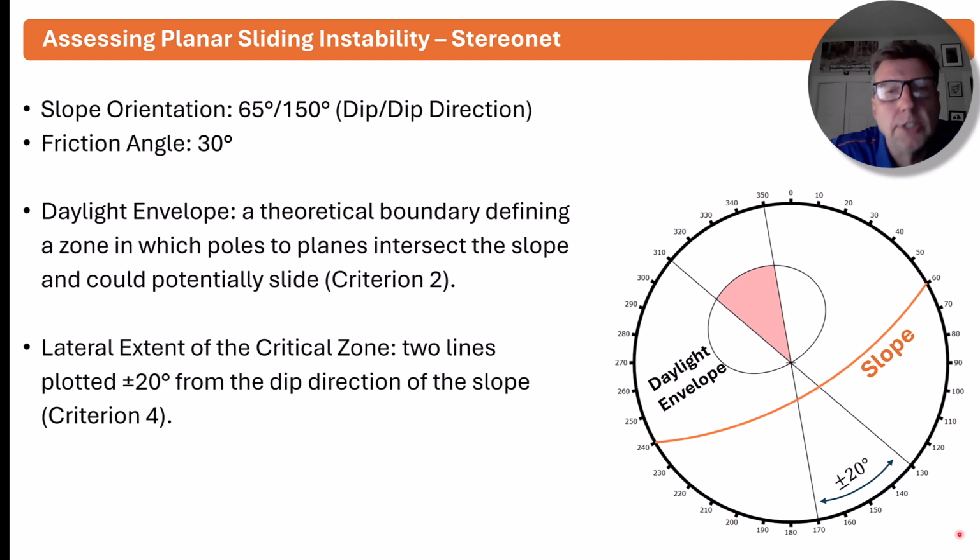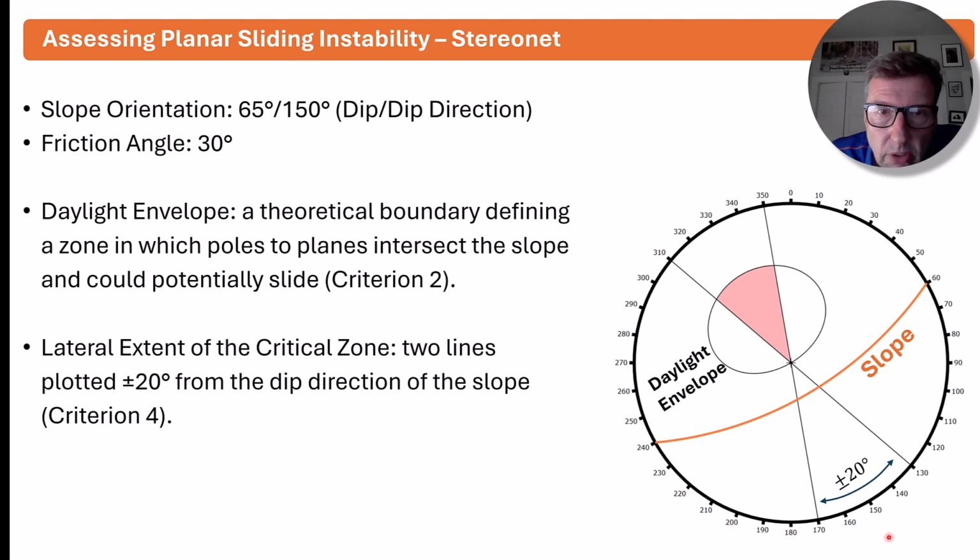The other thing that you should notice on our stereo net are 2 crossing lines. These 2 crossing lines are plus or minus 20 degrees from the 150 degree dip direction of the slope. These mark the lateral extent of the critical zone. This is criterion 4.